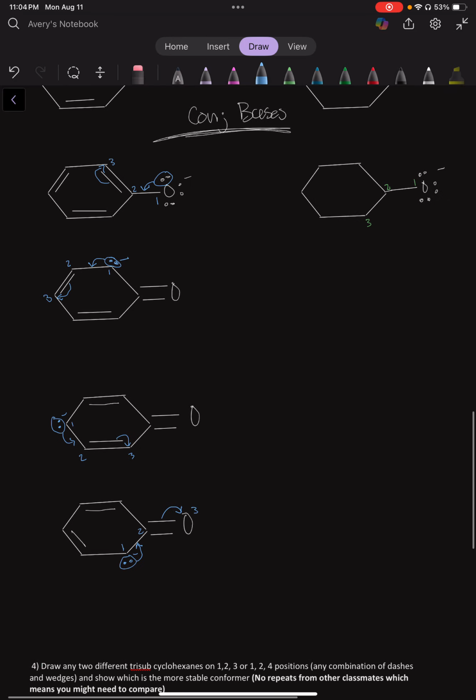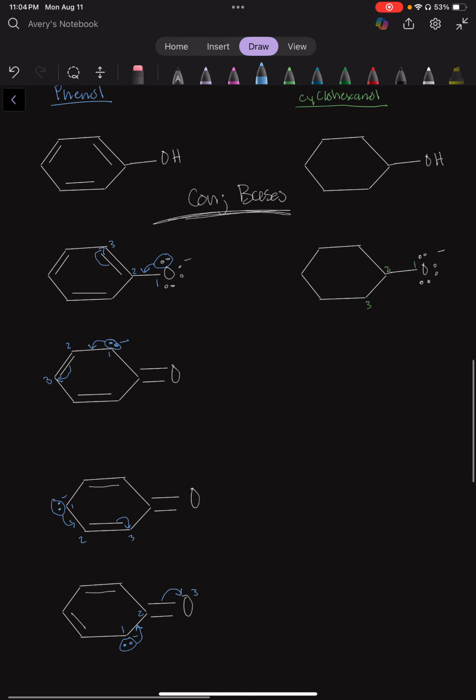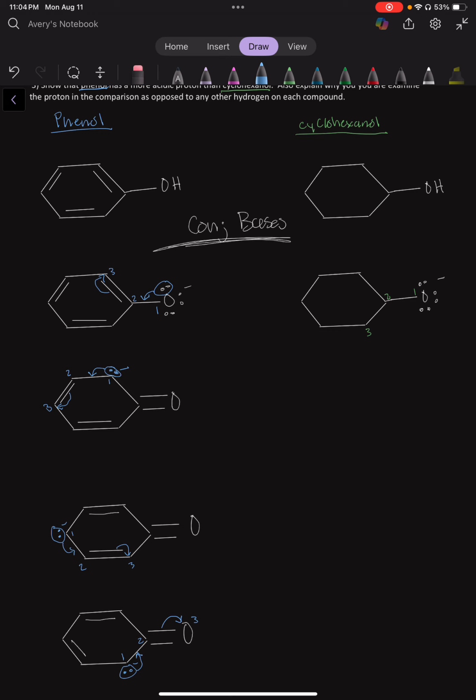So we have 4 different resonance structures for phenol and only 1 for cyclohexanol. Therefore, phenol is more acidic, because it has a more stable conjugate base.